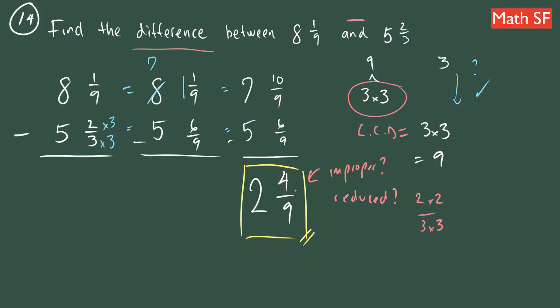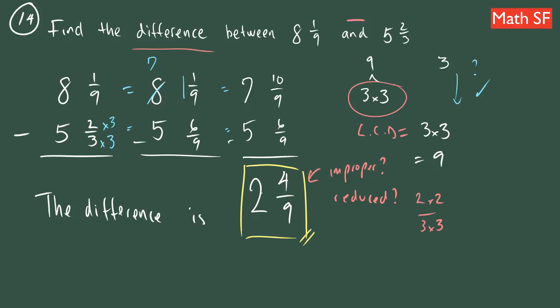This is the difference. You might want to say the difference is 2 and 4/9. So recall that the difference is the result of a subtraction statement. So 8 1/9 minus 5 2/3.